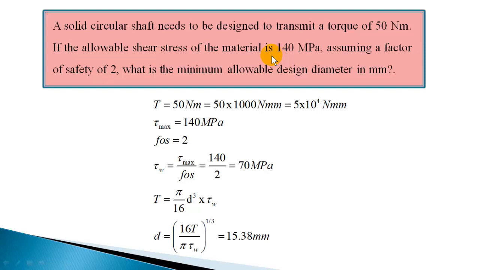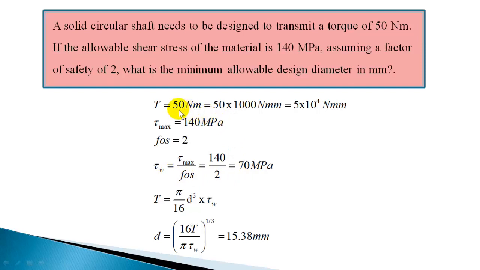The material has an allowable stress of 140 megapascal. Since the factor of safety is 2, you have to permit only half of this, that is this divided by the factor of safety. That should be the maximum permitted stress, or working stress in the material.